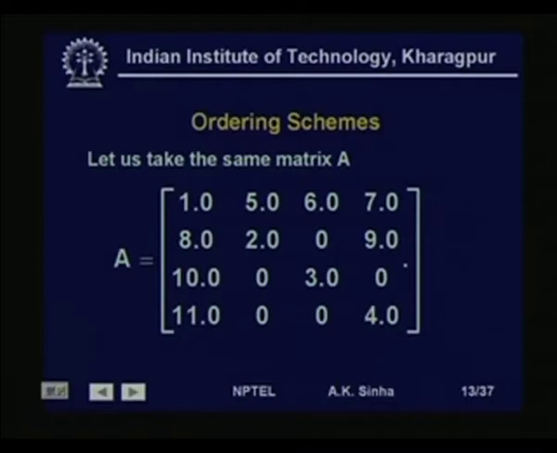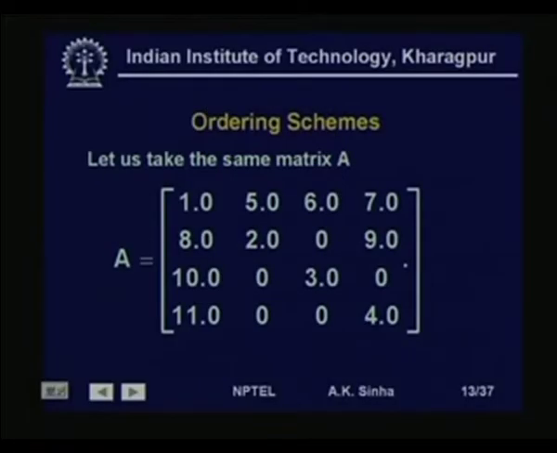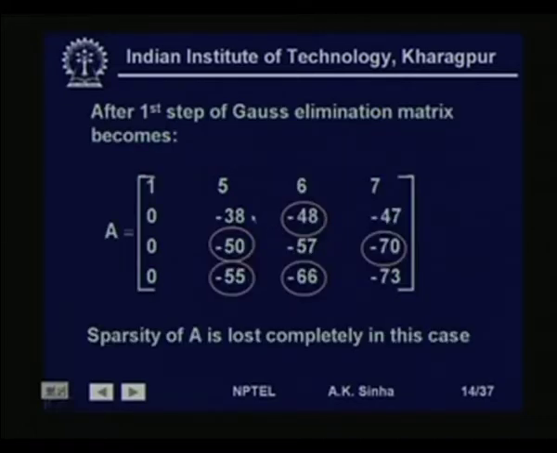Now, let us see what happens if we do the factorization for this kind of a matrix. If we take the same matrix that we have used earlier, and try to use the Gauss elimination method for factorizing it, then after the first step of Gauss elimination, that is reducing all the elements in the first column to zeros, all these elements which were 0 are now getting filled in.